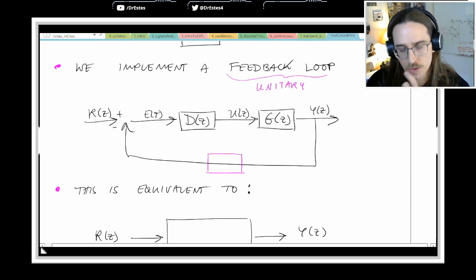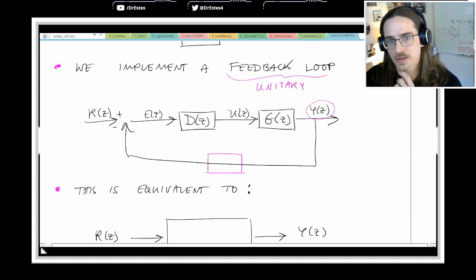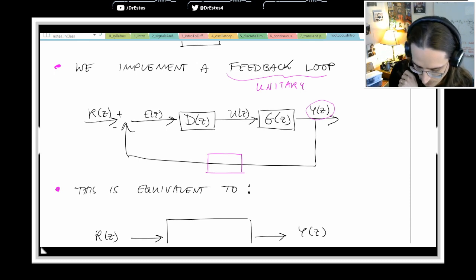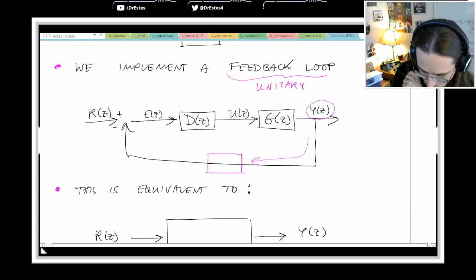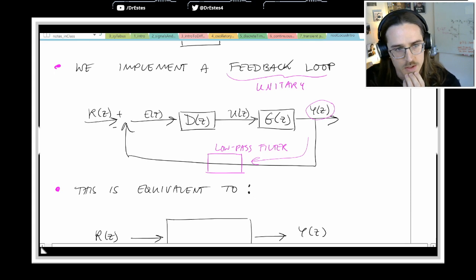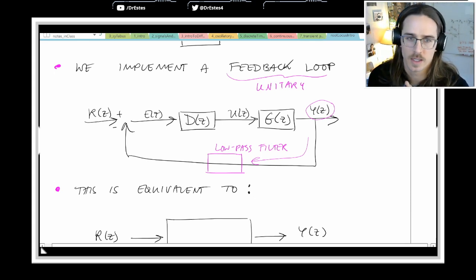Like a good example is you have this output coming off of your plant and you measure it with a sensor. But what if that measurement is noisy? You might want to pass it through a low pass filter, something to clean up that noise a little bit. So that's just an example of something that might be in that feedback loop.